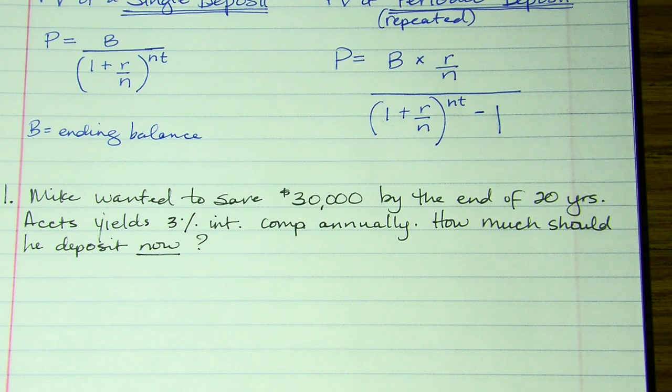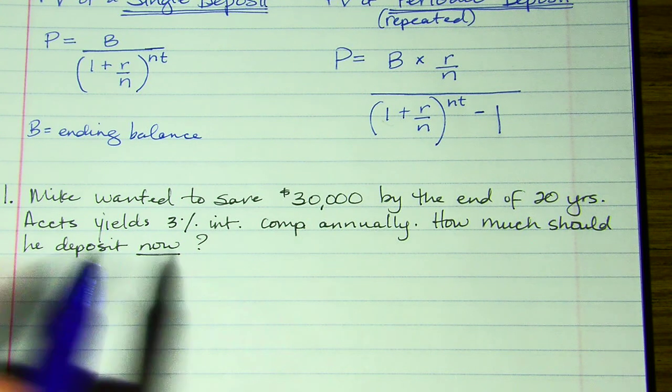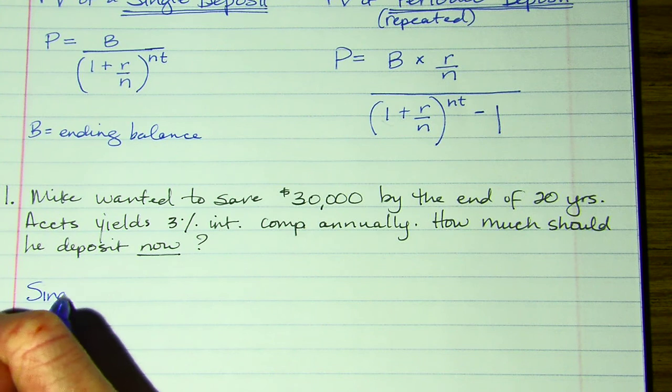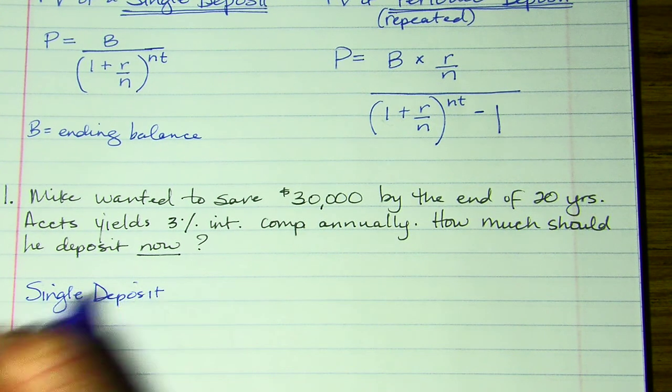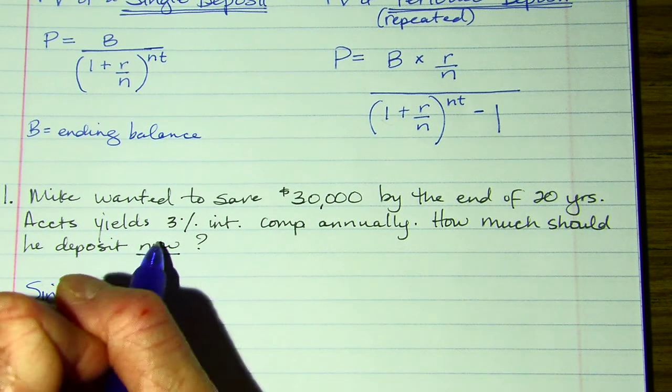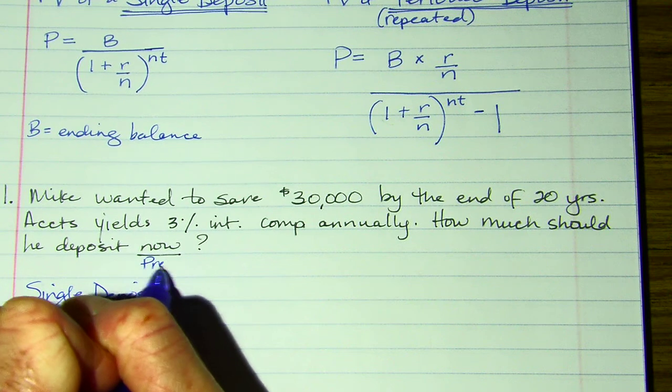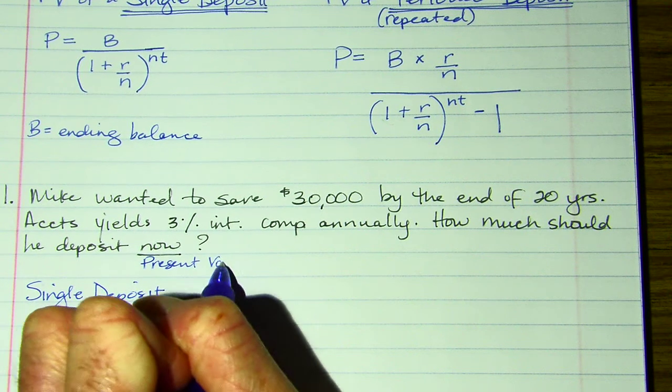So he's not saying how much should he deposit every month or every week. It's just how much should he deposit now. So this is a single deposit. And I know that it's present value because it says now. So I know he's asking about the present value.